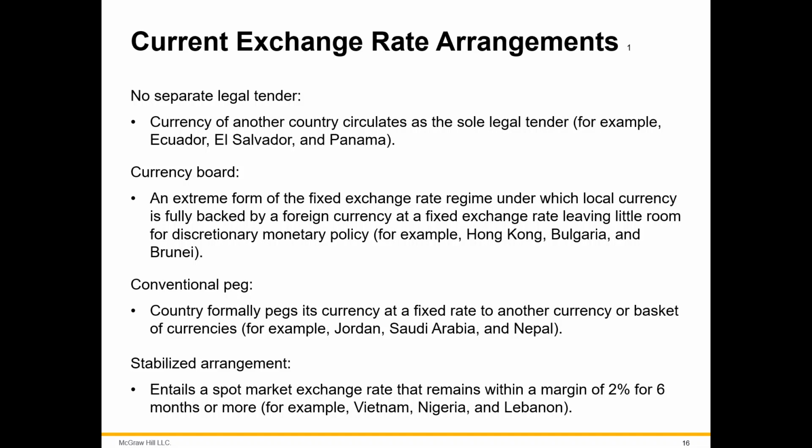So if I am participating in international trade and I am in a position where I need to hold a lot of Nigerian currency, if they have successfully been able to maintain their stabilized arrangement, that doesn't mean that I would have a risk-free experience holding Nigerian currency, but that the damage would be minimized to, I guess, 4%, right? Depending on where you bought.